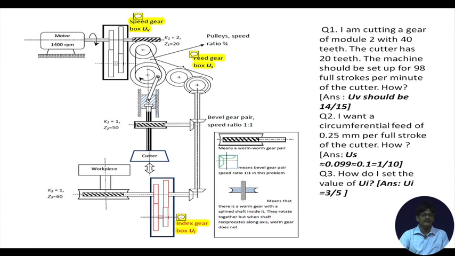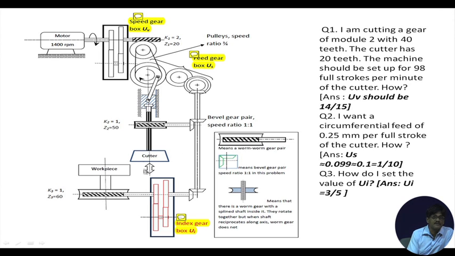Now, in this case, if you look at the figure, we are starting from the cutter. So, for one stroke, we will start moving from the cutter, move backwards, come to the main line, then move forwards and go to the rotation of the cutter and equate the circumferential movement to 0.25 millimeters.